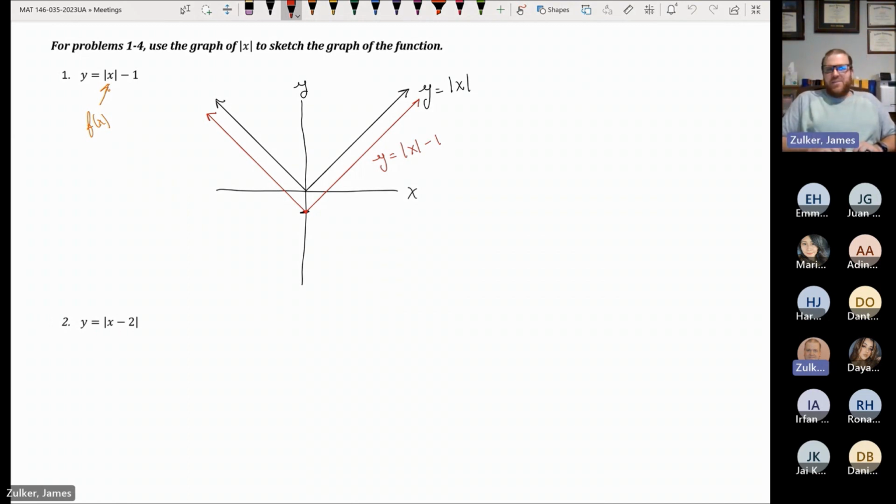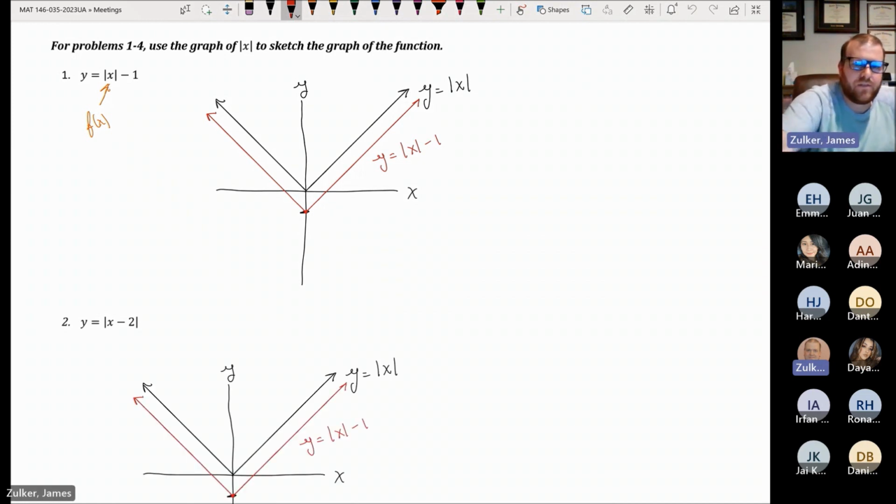Absolute value of x minus 2. Let me see if I can do this. There we go.